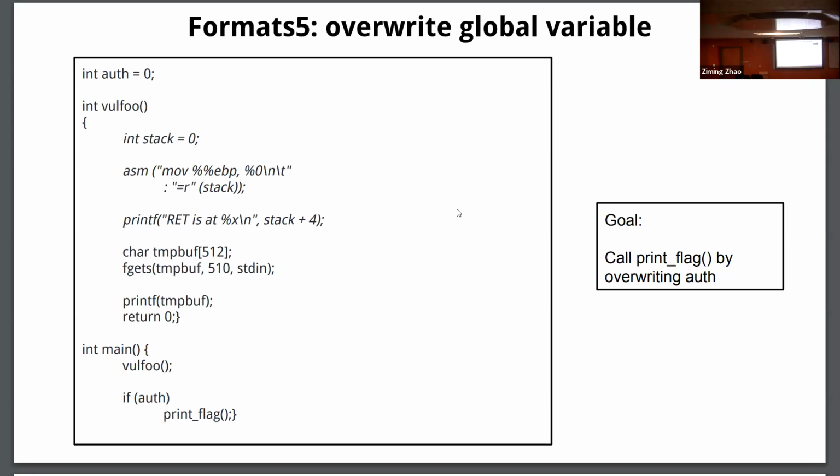So in this case, which format string specifier should we use to write something? Yes, we use %n. So what do we need for that %n?